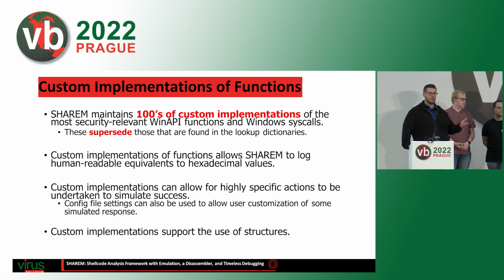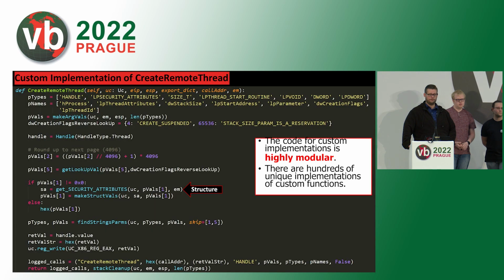So, for instance, VirtualAlloc will actually create a region of memory, URLDownloadToFileA will simulate downloading a file or even actually download the actual file. So all of that we're able to customize. And of course, something like structures is a very complex thing, and so that requires a custom implementation. However, if something is not very sophisticated, we don't have a need to do that, then we can make use of the lookup dictionaries.